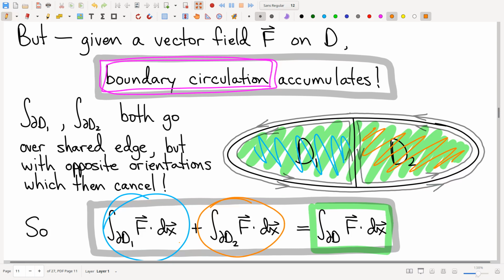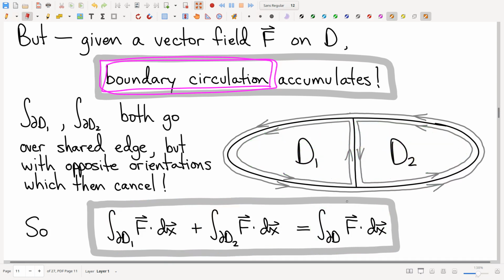And now why would that be? Let me draw a more representative picture. Let's see here, the green boundary circulation is there. That's the boundary of the green, right? Now the blue boundary circulation would be like that, plus that.